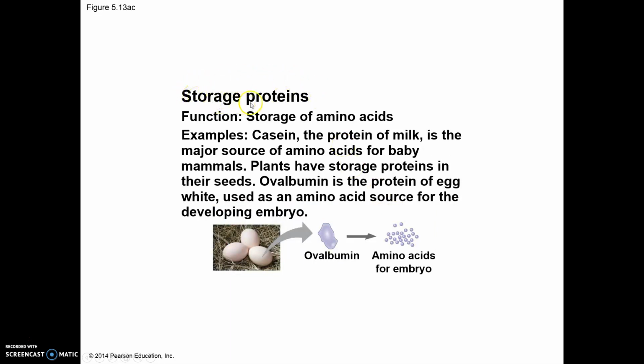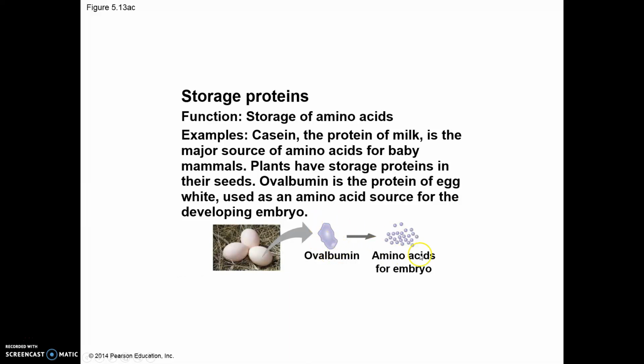Proteins can also act as a storage for amino acids. So when you start thinking about things such as eggs, where all of the material for that chick needs to be contained within that egg, you need sources of amino acids. In eggs, we have something called ovalbumin. That is essentially a protein whose sole purpose is to store all the amino acids.